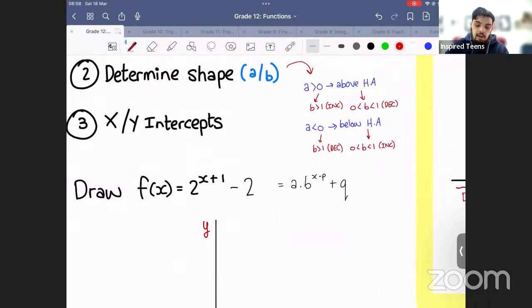So someone tell me, is this graph going to be above or below the horizontal asymptote? Why do we say below?